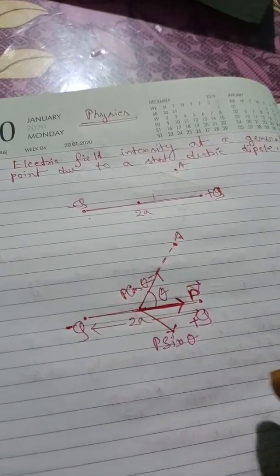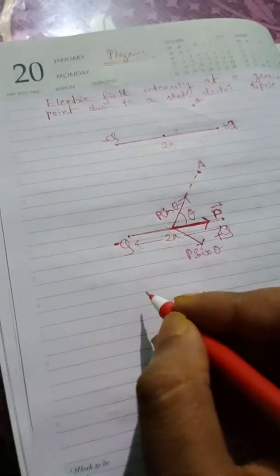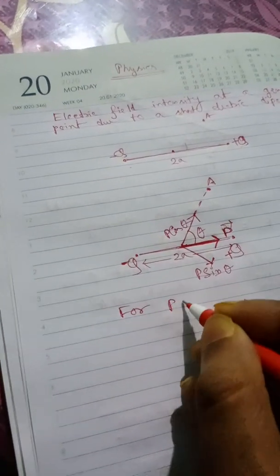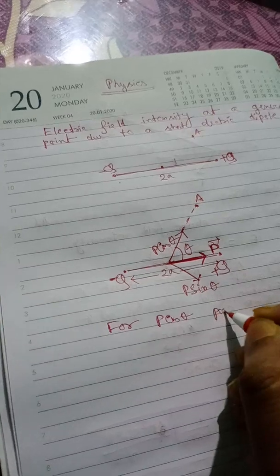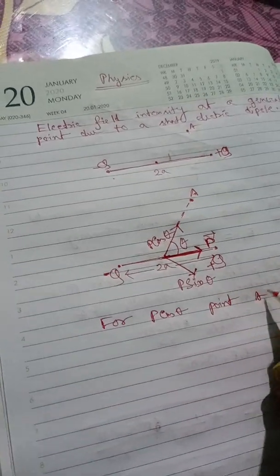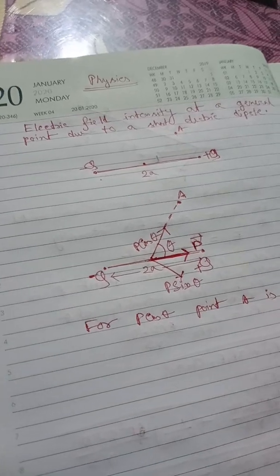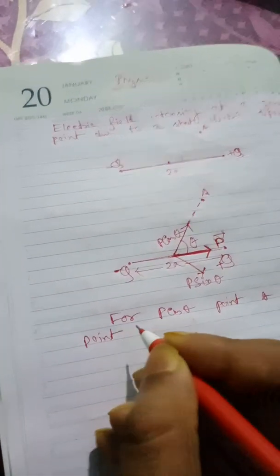Now just see in this diagram, for this P cos theta, this point A is an axial point. So here you can write, for P cos theta, point A is an axial point.